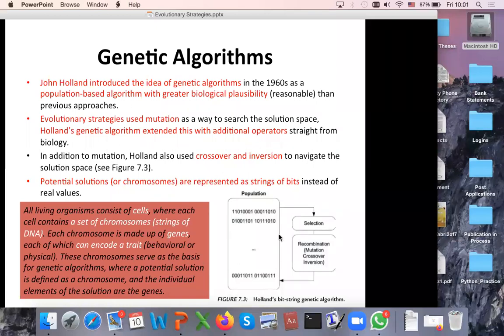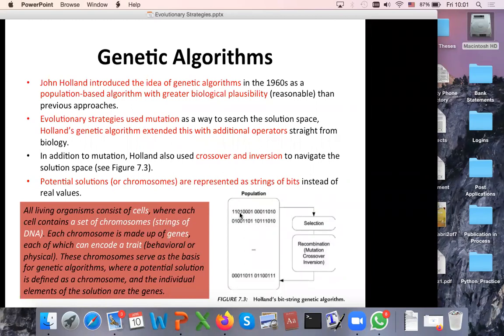But now in the population, you are seeing more than two members, 1, 2, and so on up to nth. These strings are the representations of the various members. This is one member, this is second, third, fourth, and so on. These bit strings are called potential solutions, or also called chromosomes by John Holland.